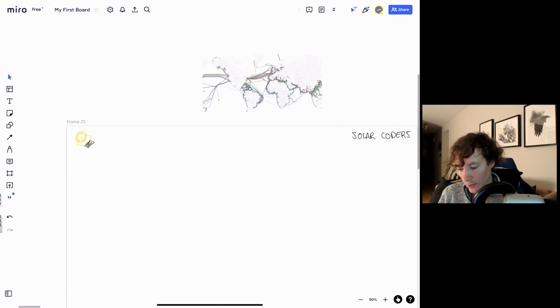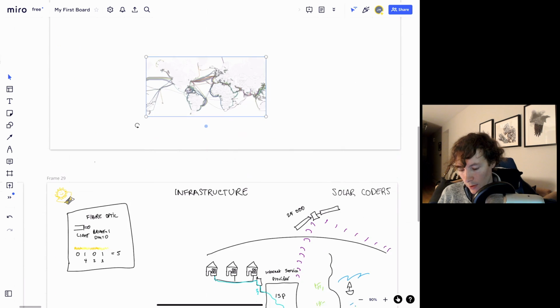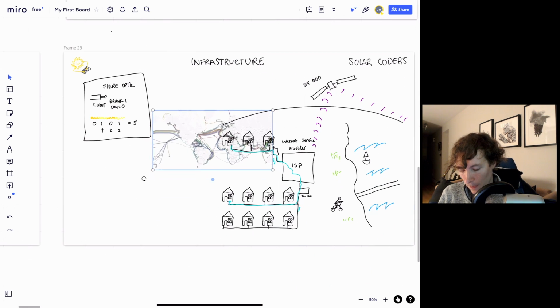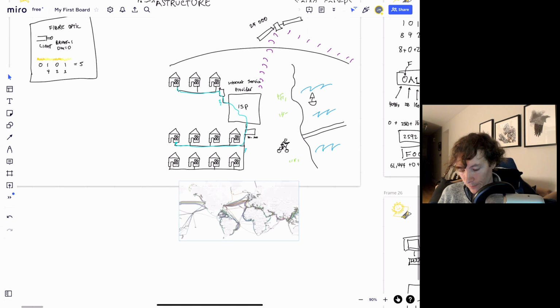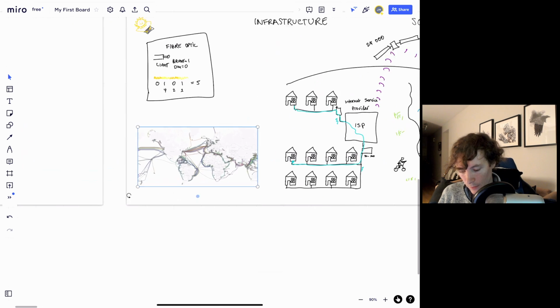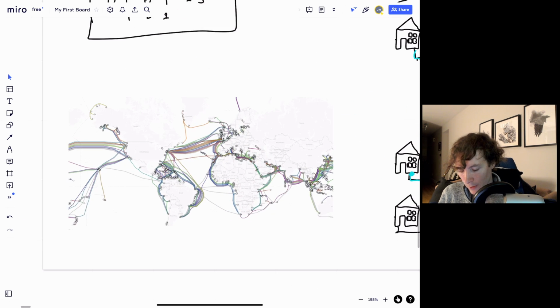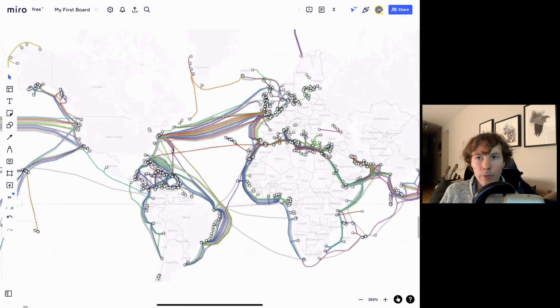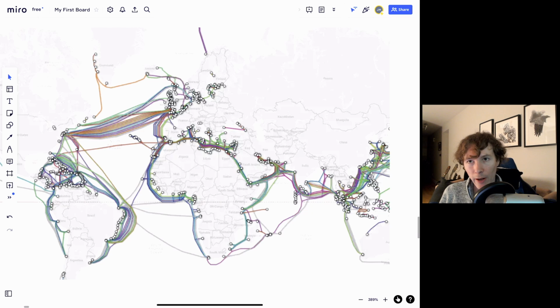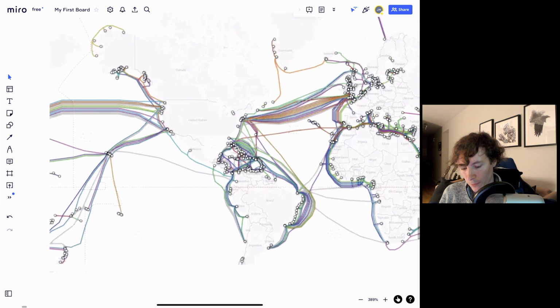Not that one. That was another thing here that I'll zoom in on for you. This picture here, I'll put it here, is a map of all of the fiber optic cables that exist in the world right now. And I assume it's accurate. Like, I have no way of verifying if this is true.